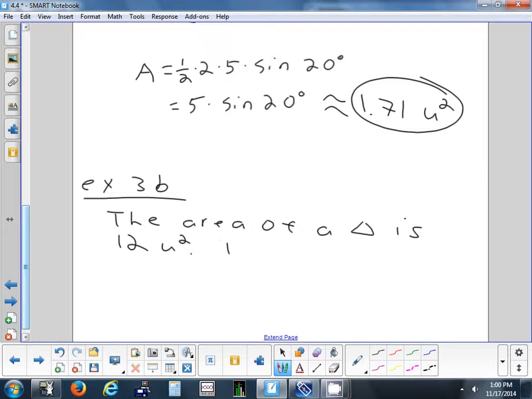Okay. The sides, let's see, 2 of the sides are 8 and 3. Find the angle between those 2 sides.